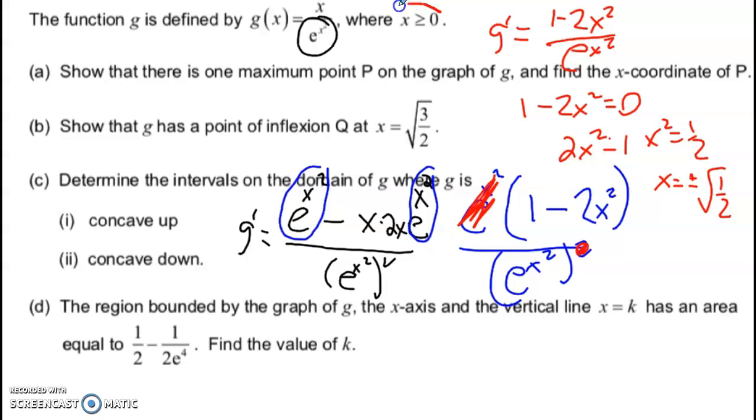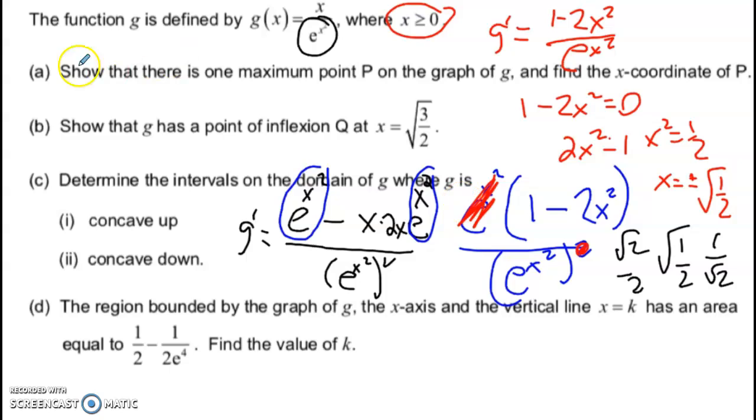But my domain restriction is positive, so my answer is positive, 1 over the square root of 2, or some of you are more official and would do square root of 2 over 2. Those are all exactly equal to each other. And so that is your x value for your maximum.